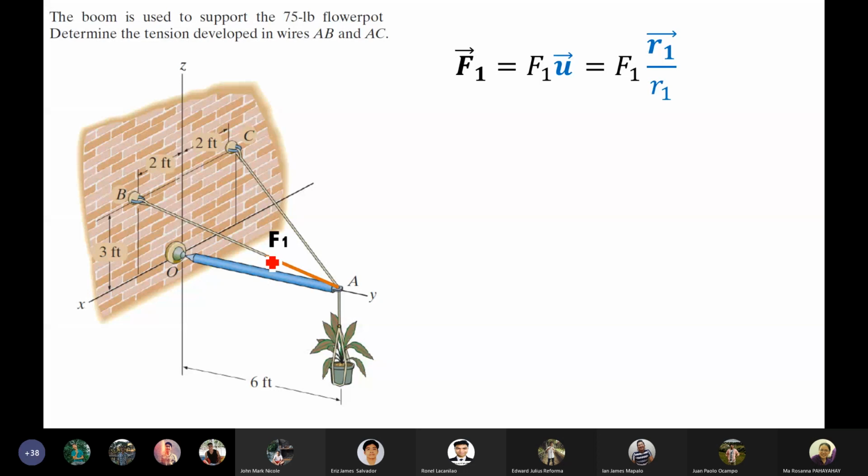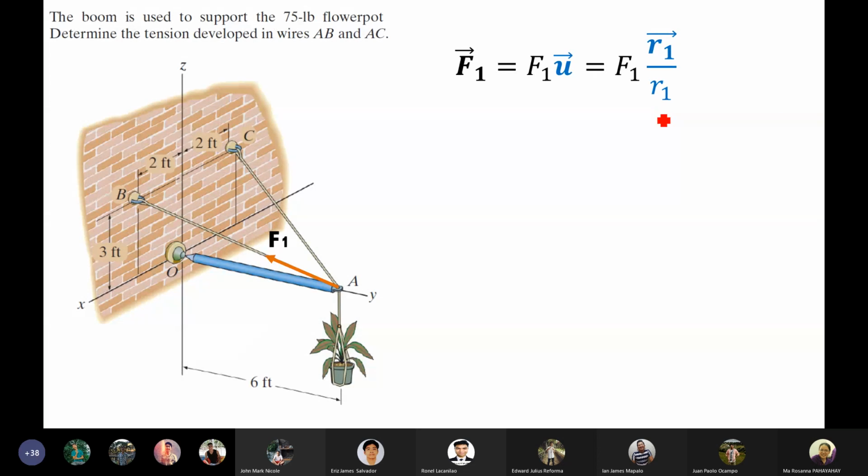So, previously sa ating discussion on this, kung ano yung bakit tayo gumagamit ng position vector that is parallel to F1, that is to find what is the unit vector. Okay? Kasi there is no way to find the unit vector of this using a force vector. So, kailangan natin gumamit ng position vector. Okay? So, that will be for R1.